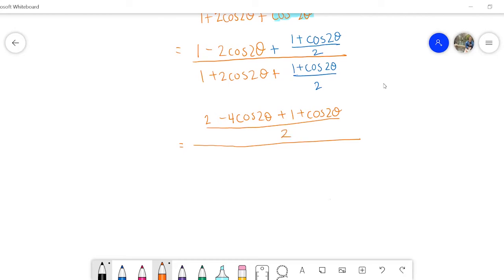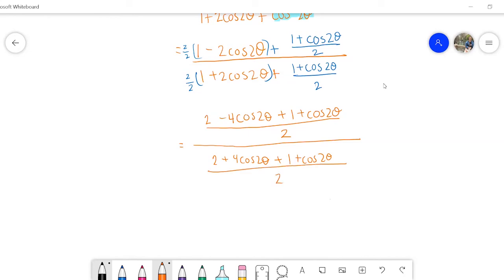And we can do the same in our denominator. So on both of those, this group is multiplied by 2 over 2, and this group is multiplied by 2 over 2. So then you would also get 2 plus 4 cosine 2 theta plus 1 plus cosine 2 theta all over 2 as well.